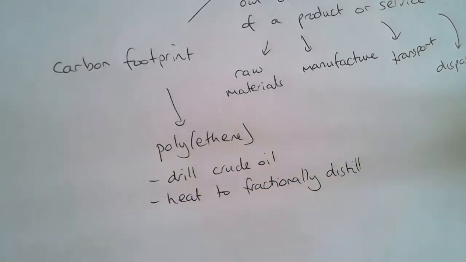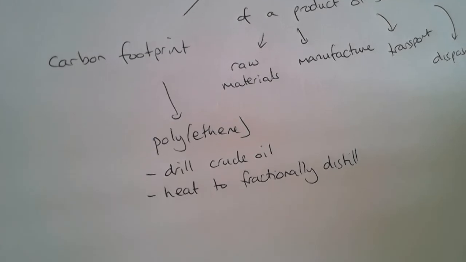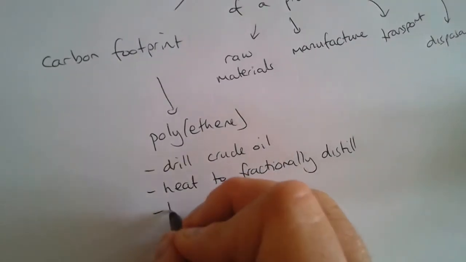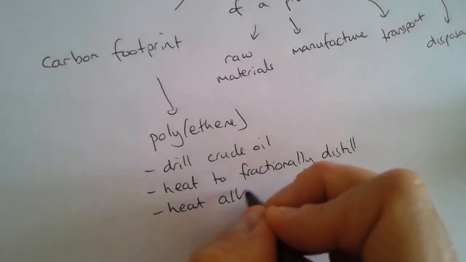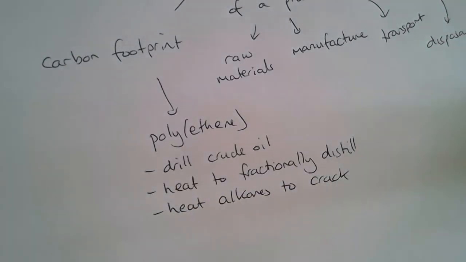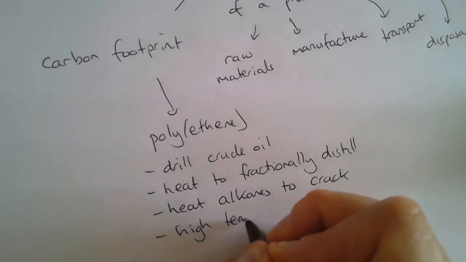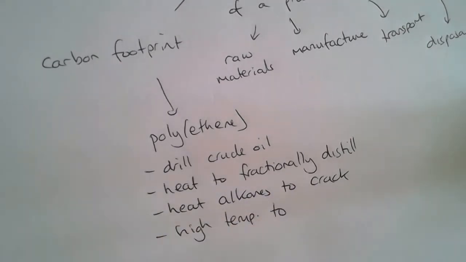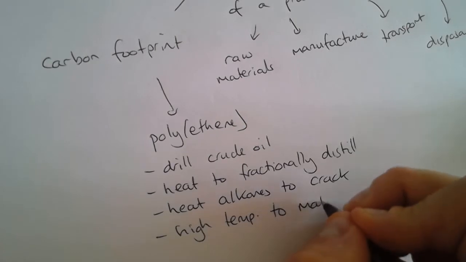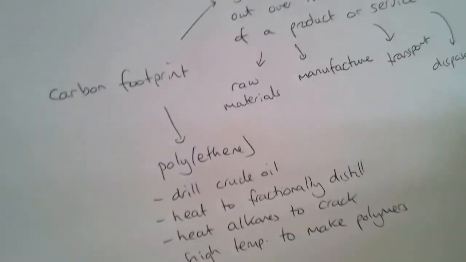So that process that we've come across before where we fractionally distill crude oil. We've got to heat the alkanes to crack them to make alkenes. We've got to use high temperatures to make the plastic or the polymers that make up polyethylene.